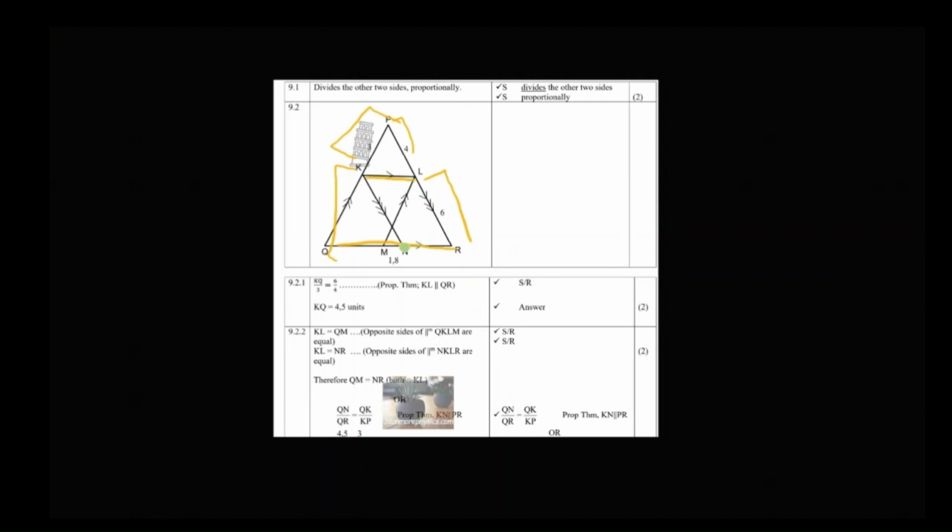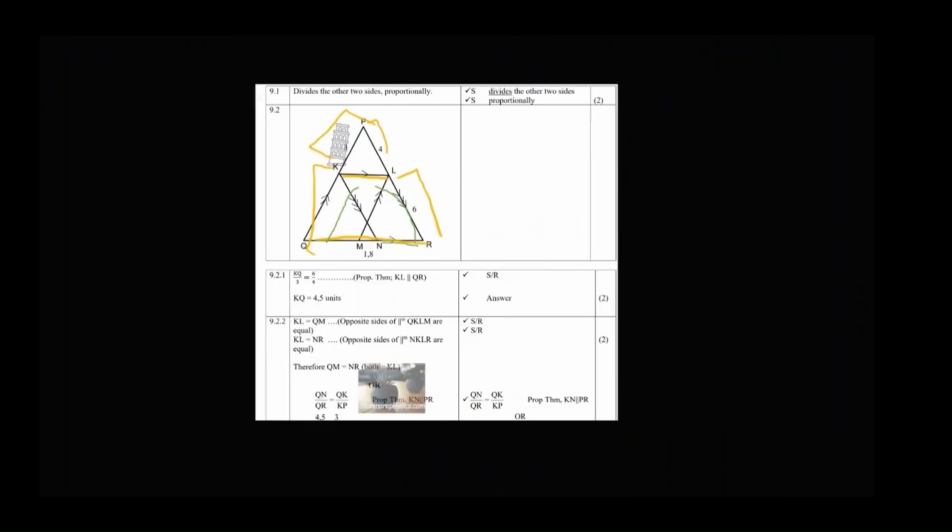So that means NR is equal to KL. Okay, so with that being said, you have to state the fact that KL equals QM, and just like I've showed you previously, KL equals NR because we've identified the fact that those are quadrilaterals. They so happen to be parallelograms.